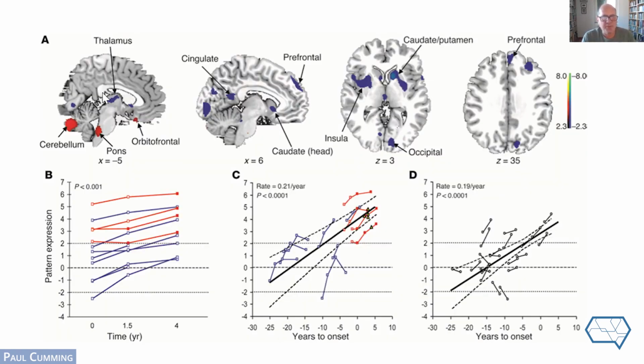And the upper part of this figure shows Eidelberg's results. This is a population-based result showing the pattern of abnormal activity in a population of Huntington's patients as distinct from a healthy control group. And you see that there are regions where the Huntington's patients have characteristically lower activity, indicated in blue, notably in the caudate and putamen.